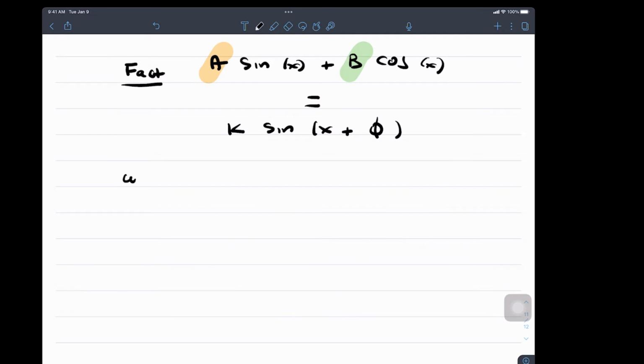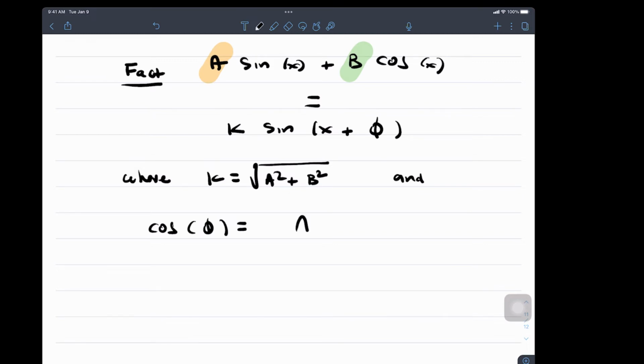Okay, where k is the square root of a squared plus b squared. Okay, and what else? Cosine phi is defined to be a over k, and sine of phi is b over k.